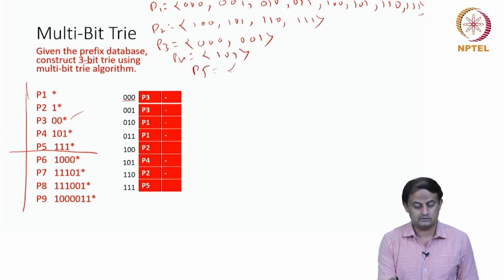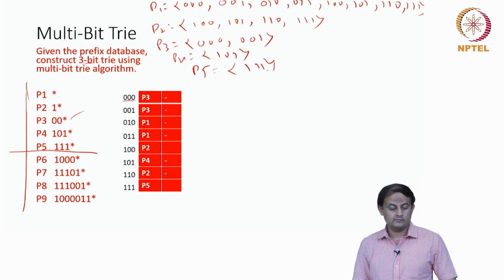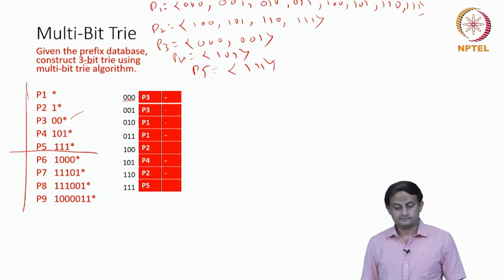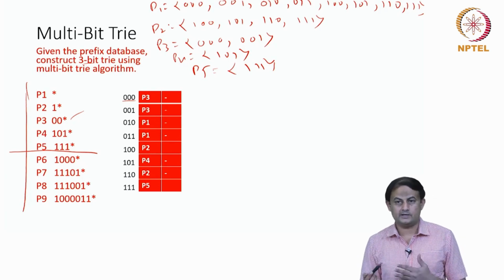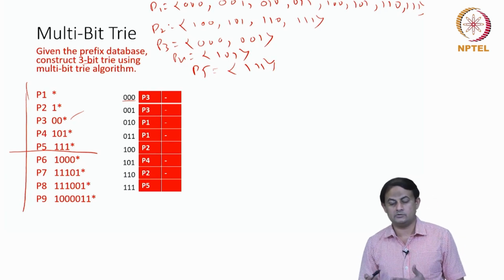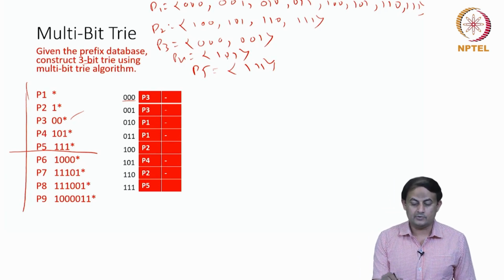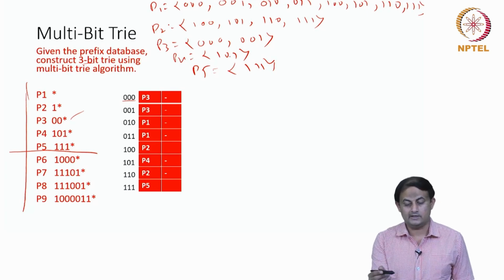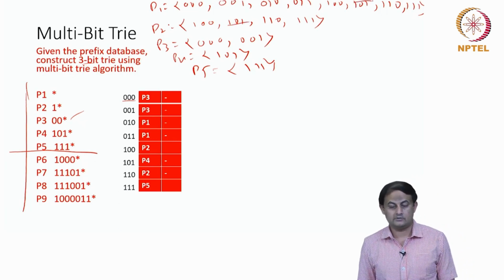P5 is 111. It is actually 3 bits, so we are expanding only up to 3 bits, and that's okay. So if you get an IP address starting with 101, then P4 will take precedence over the other cases. Wherever 101 is appearing, we need to cancel it out. 101 is appearing here and here, so these 2 cancel out.